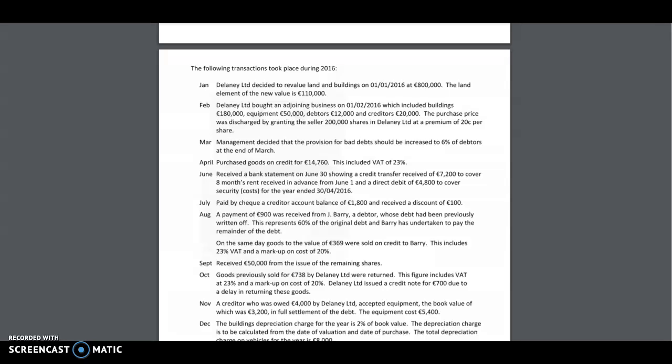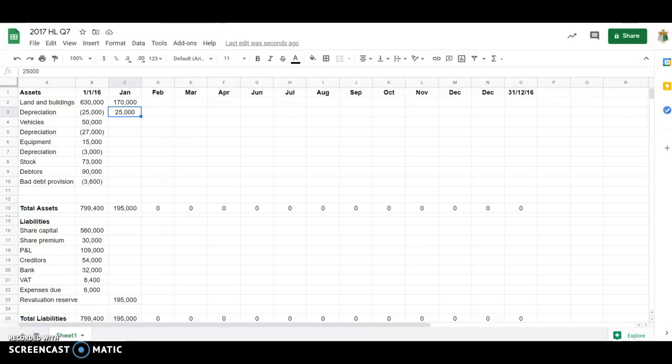Another really common one of these questions then, acquiring a business. So on the 1st of February, Delaney buys an adjoining business, which includes buildings that cost 180, equipment of 50, debtors of 12, creditors of 20. So we'll add all those in. That's the first thing we'll do. So we've acquired buildings worth 180.